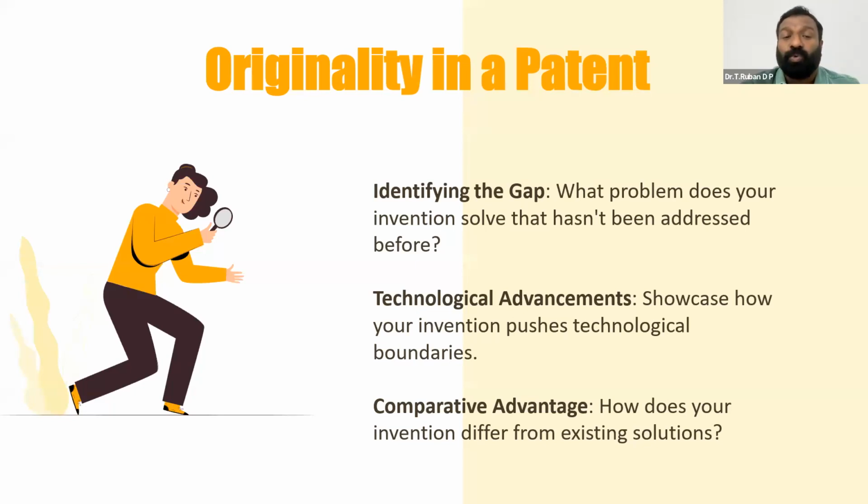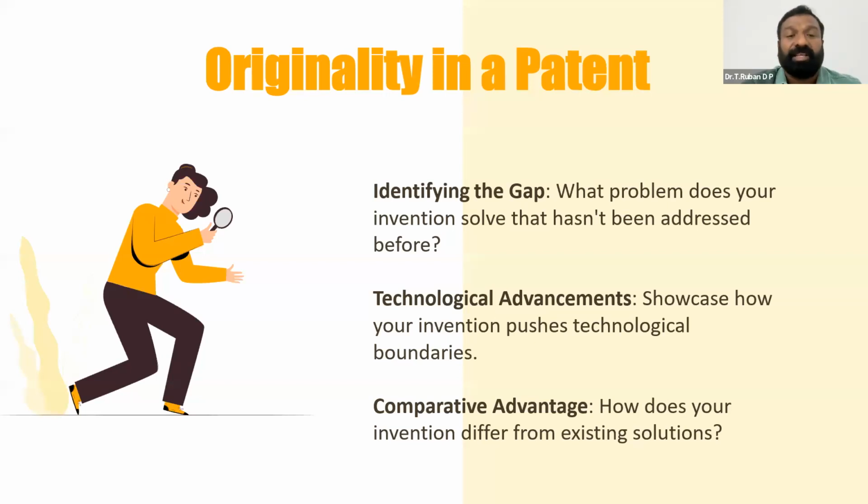Make it clear why yours is the hero everyone should root for. So whether it is identifying the gap, showcasing technological advancement, or highlighting your invention's comparative advantage, make sure your patent presentation is a blockbuster that everyone remembers.